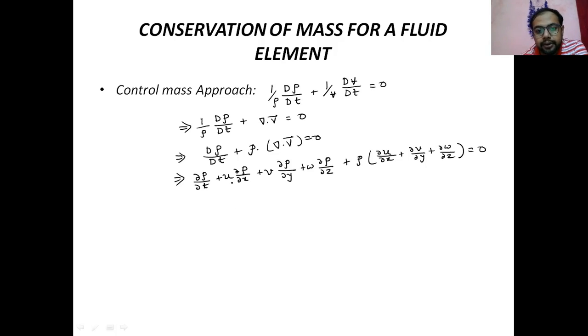Okay. Now this part and this part you separate in this way. So what are you getting? Del rho by del t is kept out, and u del rho by del x plus rho del u by del x.